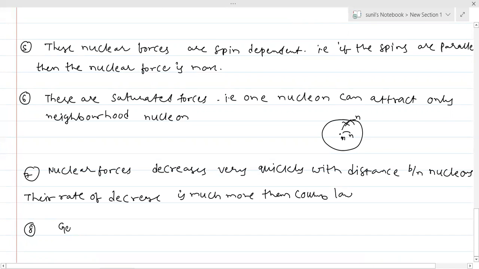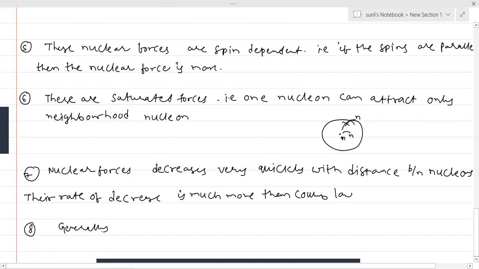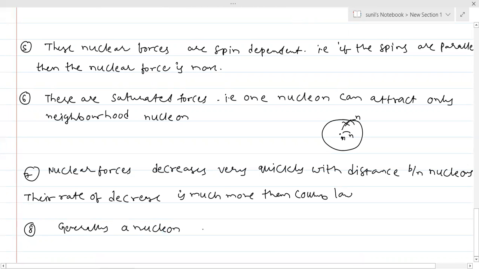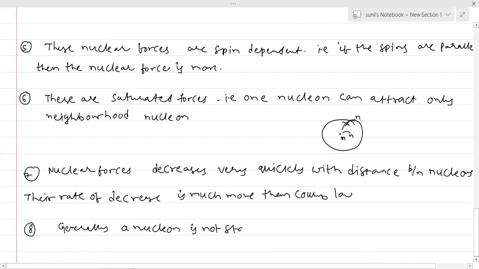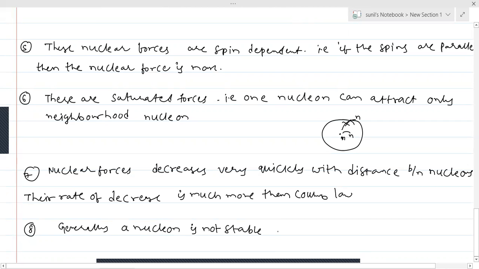So this is the last and important point. Generally, a nucleon is not stable inside the nucleus.